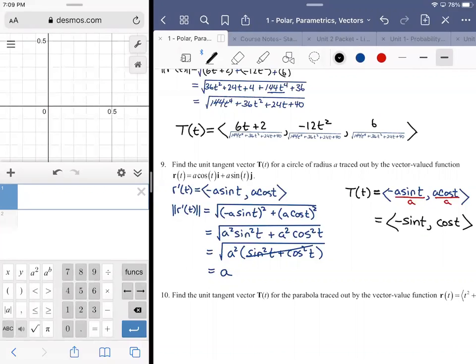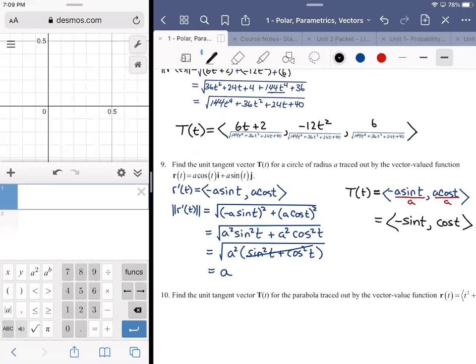Because really, if you think about it, the main ingredient, the rationale behind a unit tangent vector, is that its magnitude has to be equal to 1. If I square each component here, negative sine squared and cosine squared, I'll get sine squared plus cosine squared equals 1.